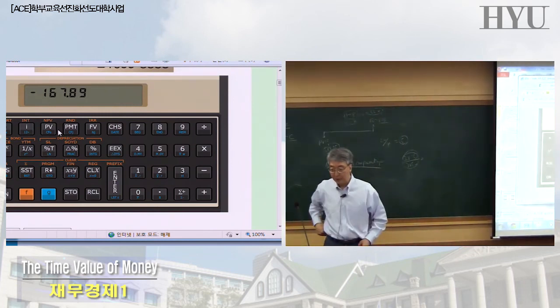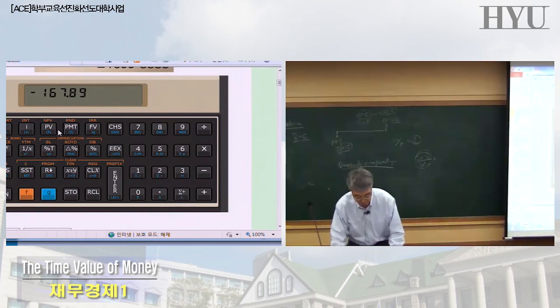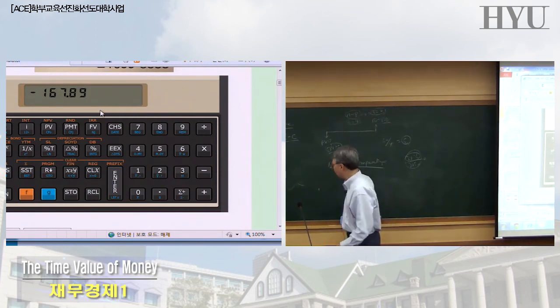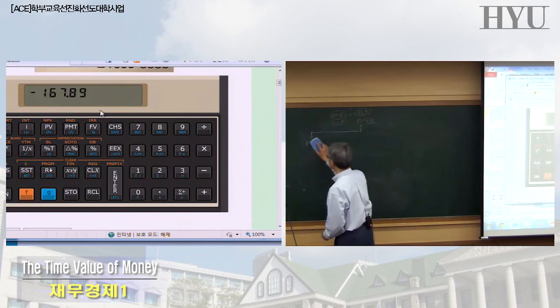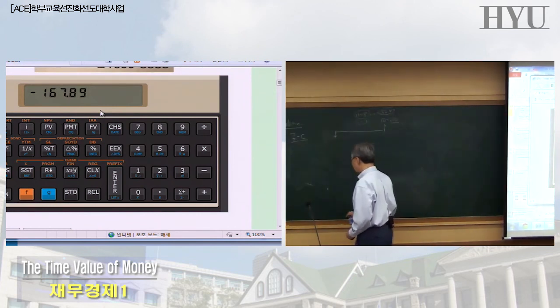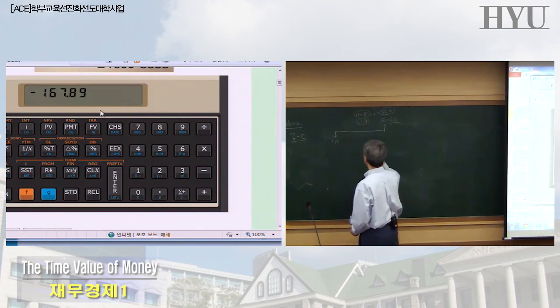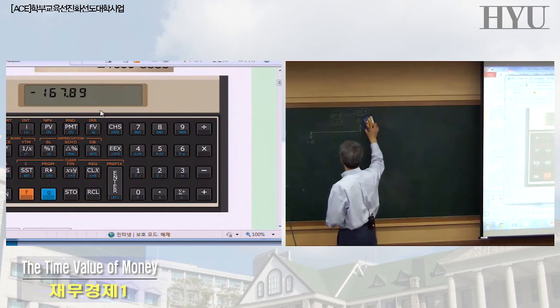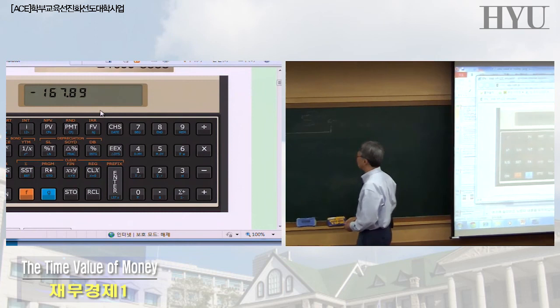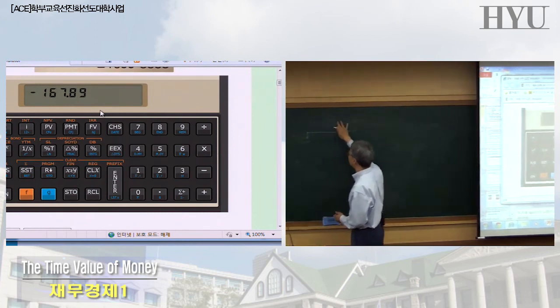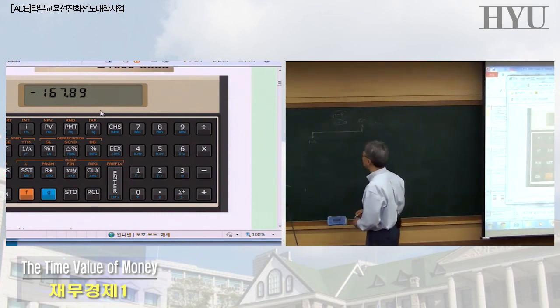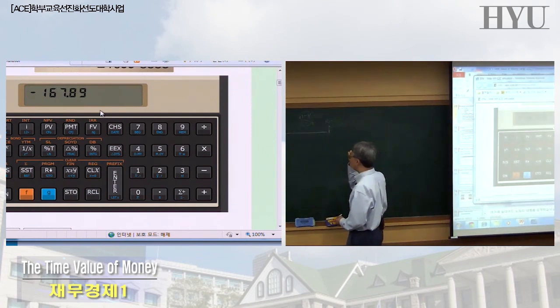Just for the fun of it, let me change the question here. Let's say present value is 100, and we don't know the future value. So 8 years, say 20%, to make it simple, okay?